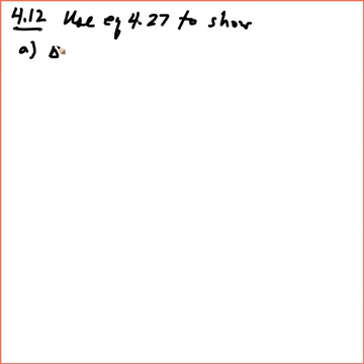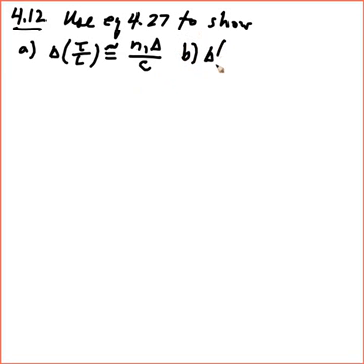Part A, delta tau by L is approximately n1 delta over c, where delta is the fractional index change, and I'll write down what that is. And part B, to show that delta tau by L is approximately equal to NA squared by 2c n1.